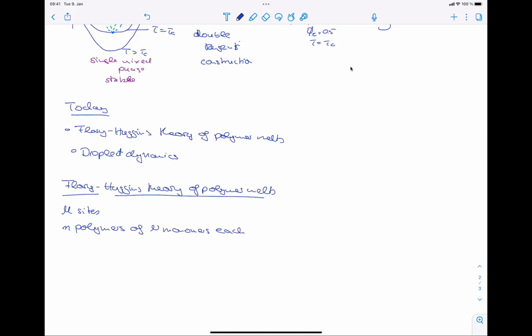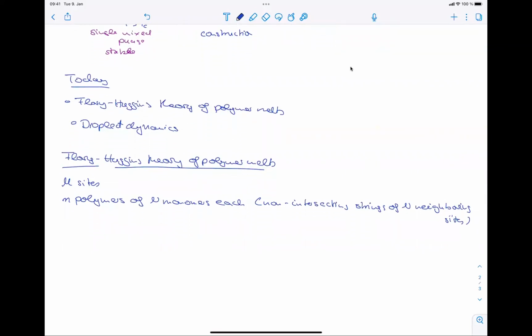And these are in principle non-intersecting strings of N neighboring sites. And then that means my amount of solvent molecules is M sites, I have in total, minus now n polymers, each N monomers long, right? So this is what remains for the solvent molecules.